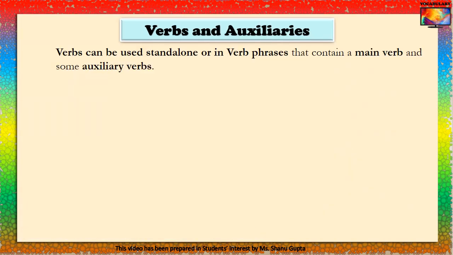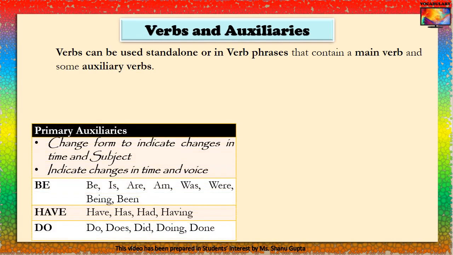Besides, you would have noticed that sometimes verbs are single words, but at other times a complete phrase. The other words which help the main verb are known as auxiliary verbs. They combine with the main verb to convey different moods, voices, tenses and aspects. Among auxiliaries, there are 3 primary auxiliaries, forms of be, have and do, which change form depending on time and subject.